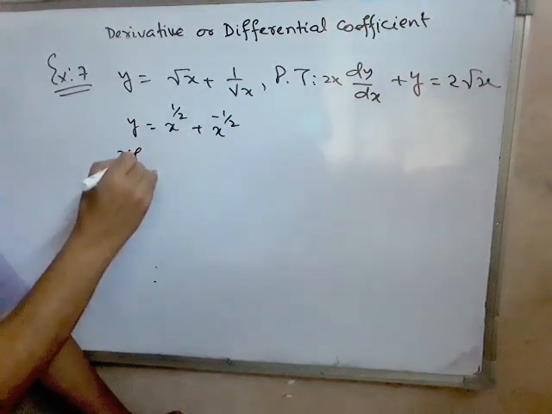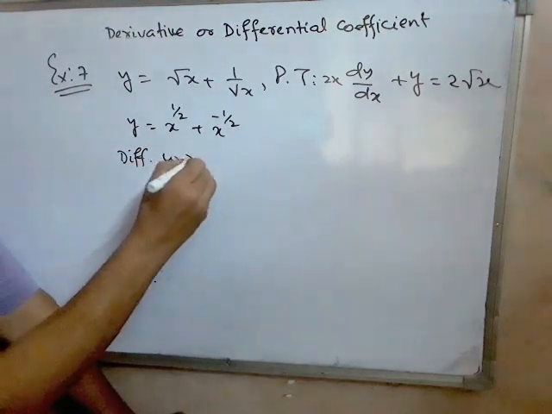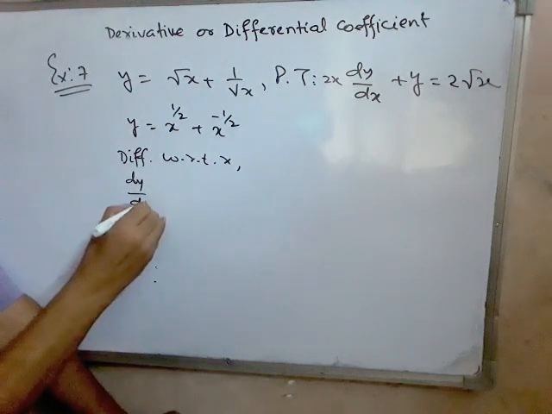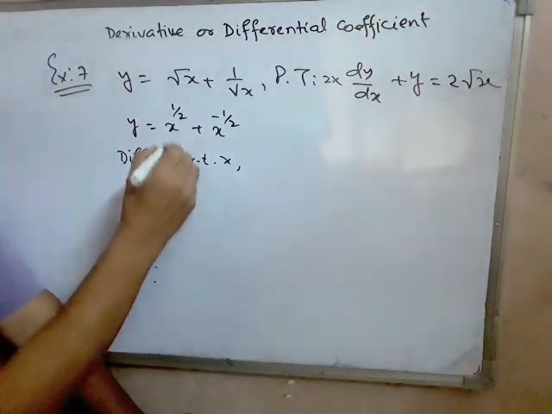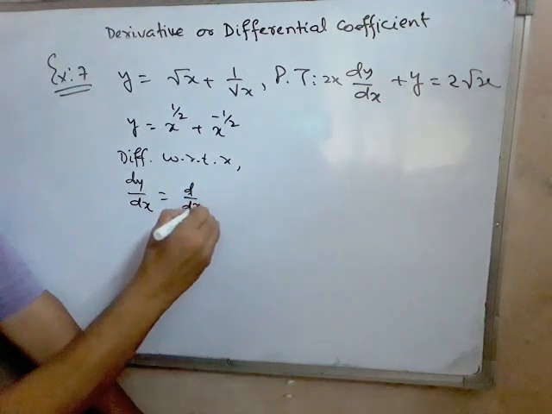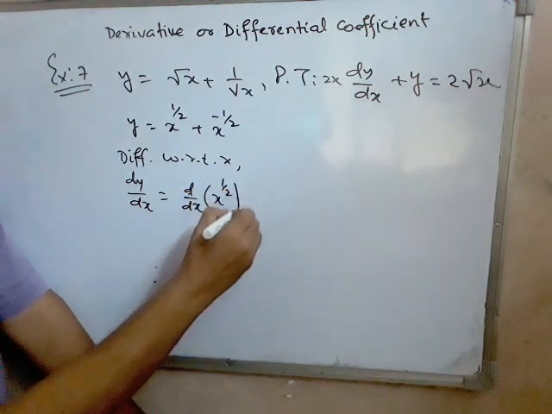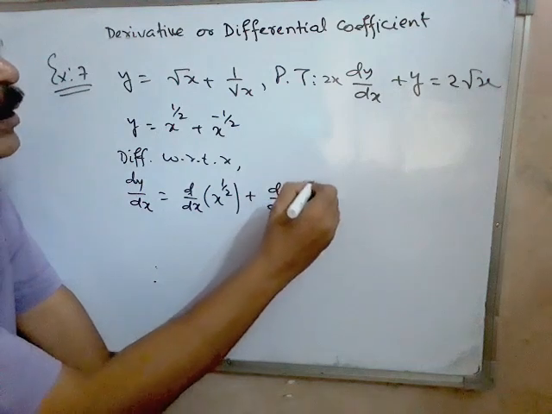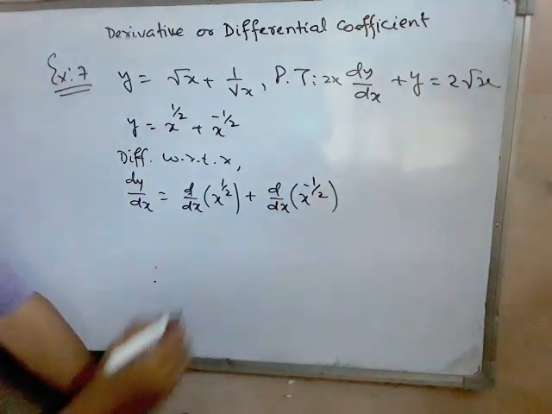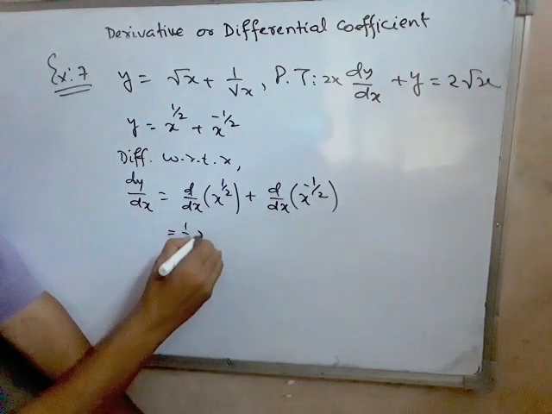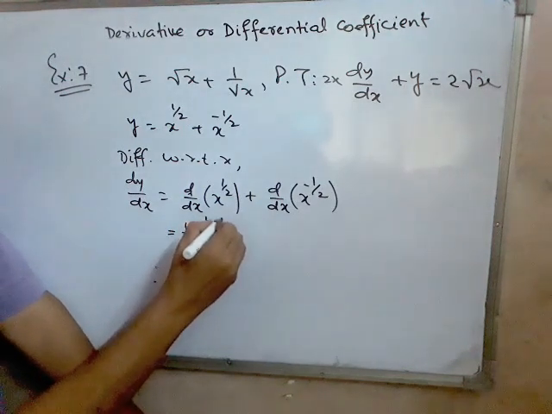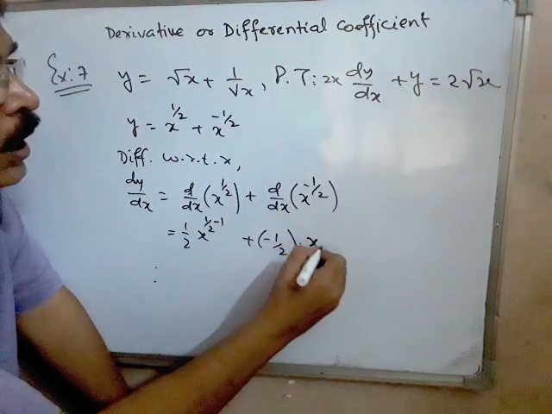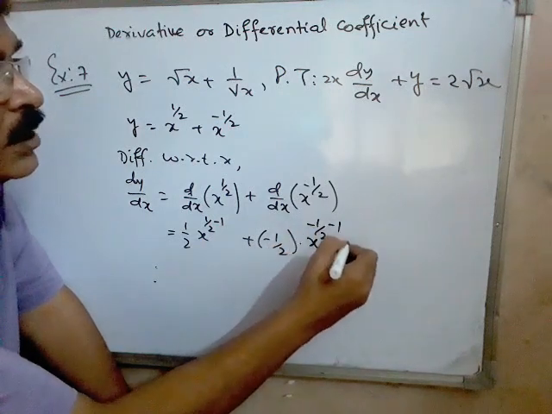Differentiating with respect to x, we get dy by dx equal to d/dx of x to the power 1 by 2 plus d/dx of x to the power minus 1 by 2. So 1 by 2 x to the power half minus 1, plus minus half into x to the power minus half minus 1.